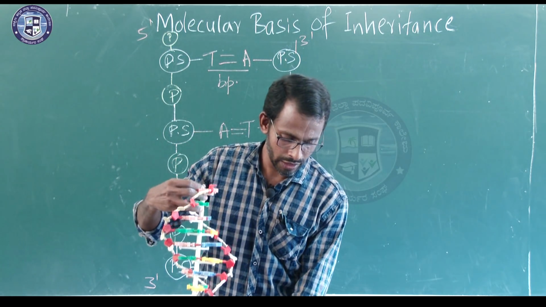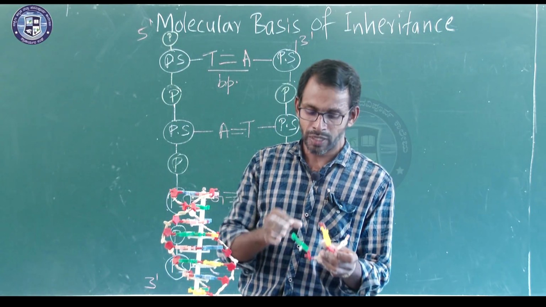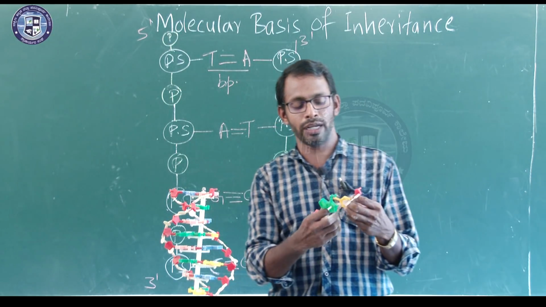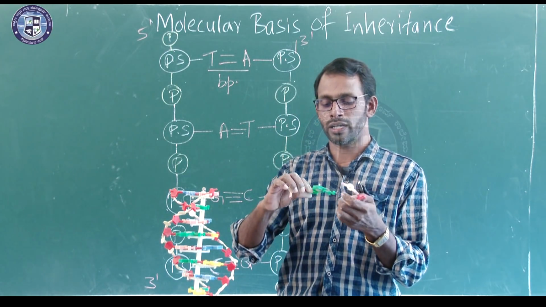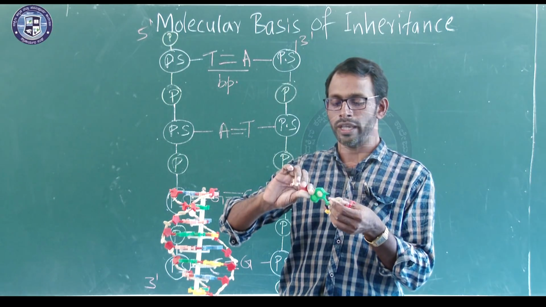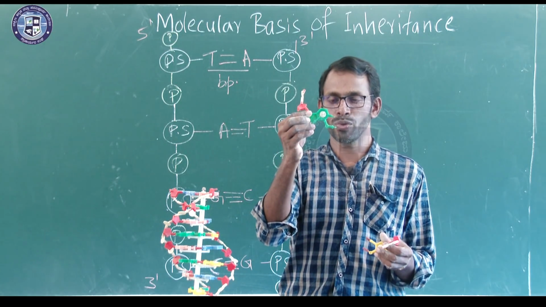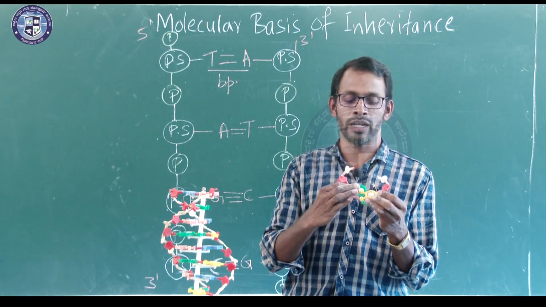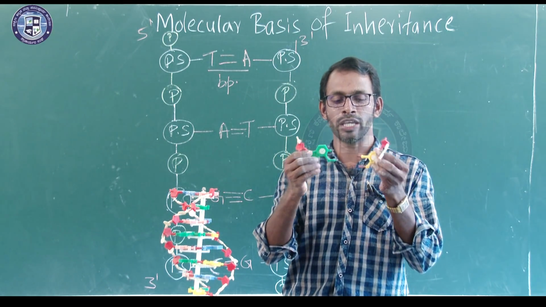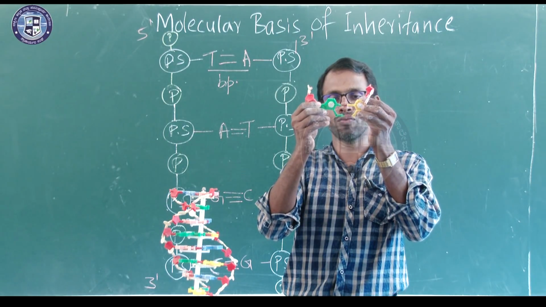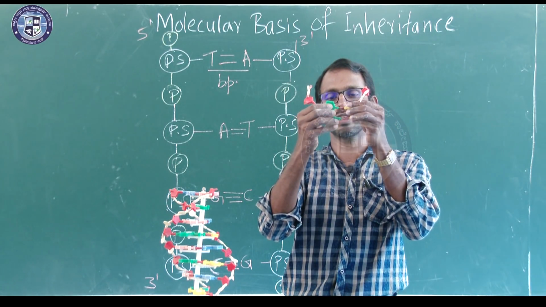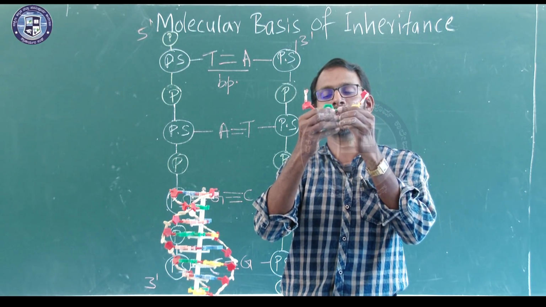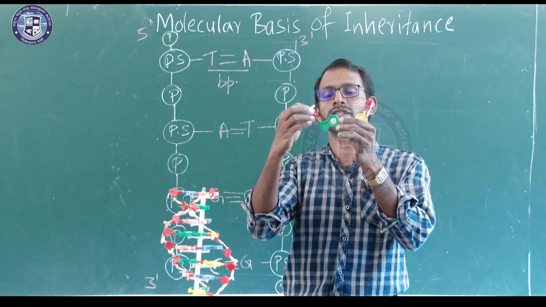And here you see, I have separated 2 different nucleotides here, and here you can find T, and here you can find A. Now, you see, the purine is adenine and the pyrimidine is thymine, and they are forming 2 hydrogen bonds between them, and formed a base pair.